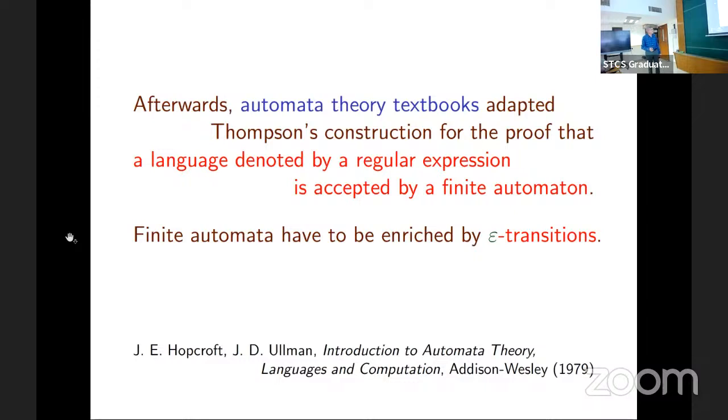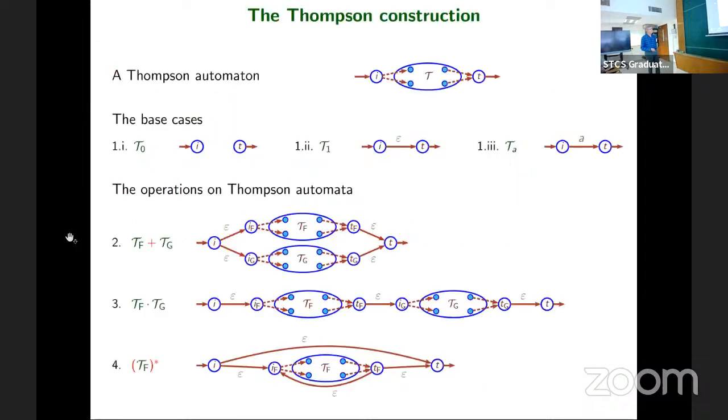For that, the point is that for this proof you have to add epsilon transitions. It's an artifact somehow. Afterwards you say the artifact doesn't change anything, but you use an artifact for it. And somehow this is the basis of the problem. There is an artifact there.